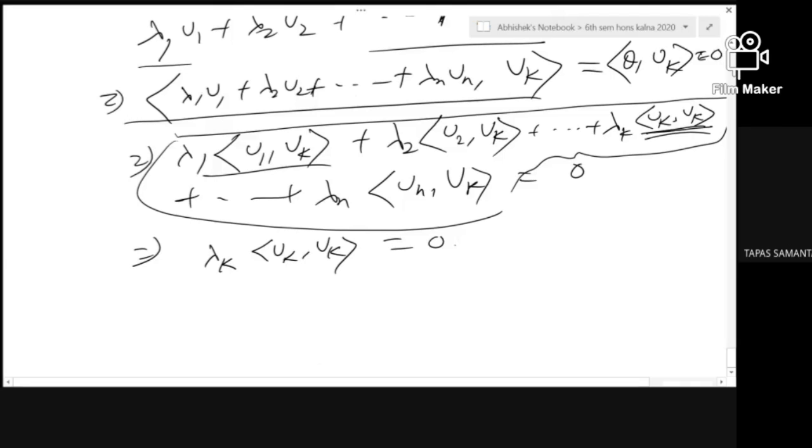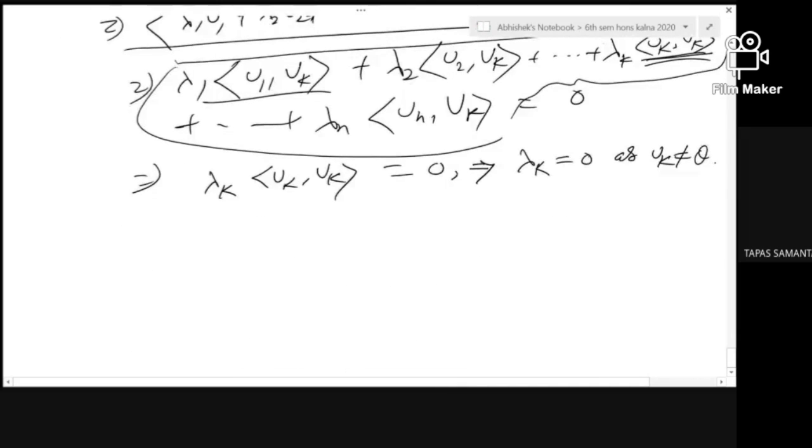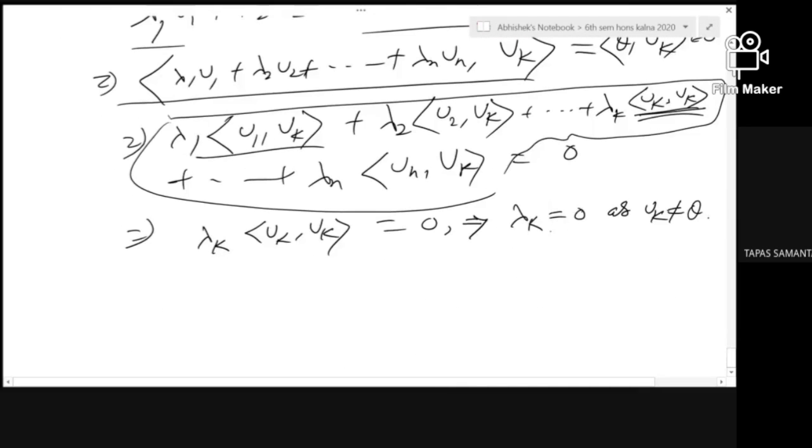And therefore λk equals 0, as we have chosen the vk to be non-zero vectors. So that means this will be true for any k running over 1 to n.